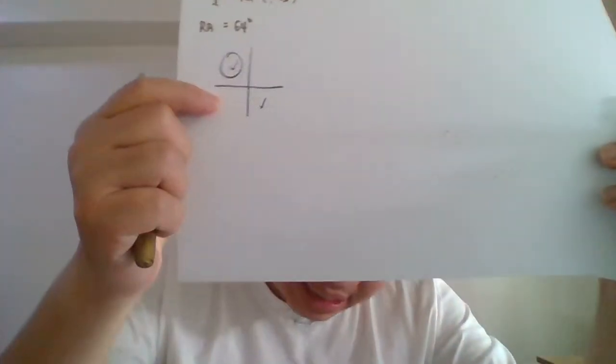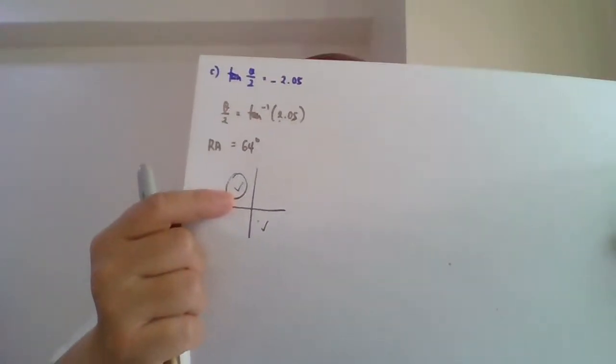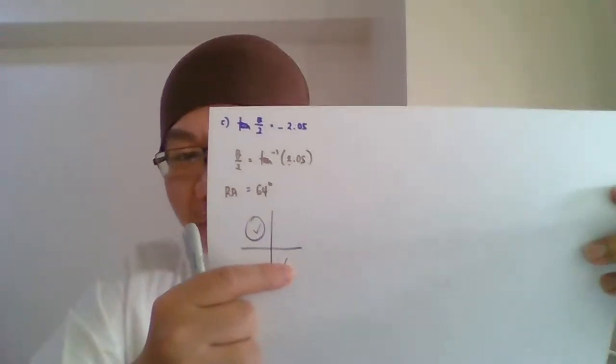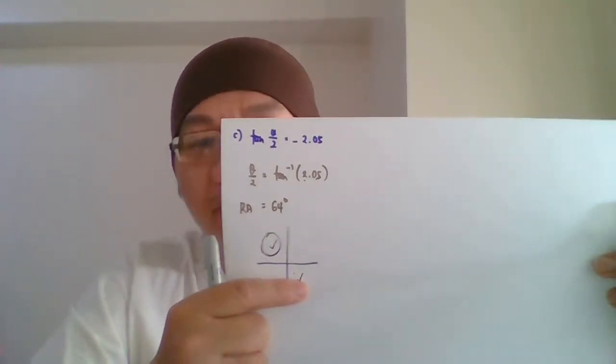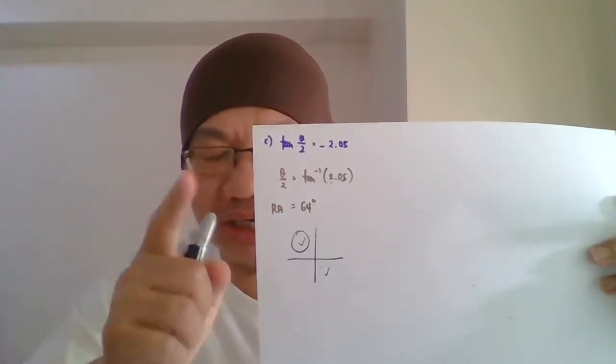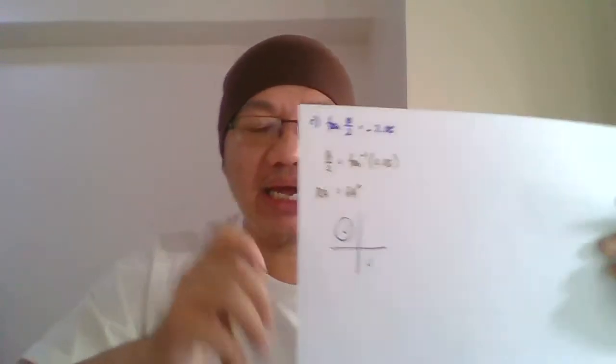I highlight only one answer saja, the second quadrant saja jawapan dia. The fourth quadrant, if you list the fourth quadrant answer pun boleh, but you need to make a conclusion later. Let's say I put both answers, the second and fourth.